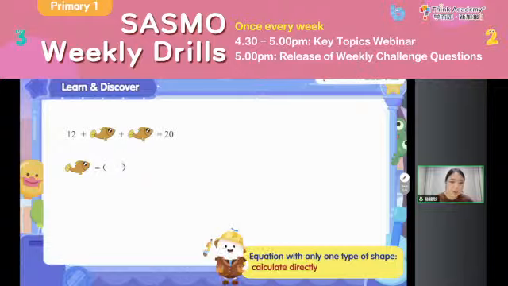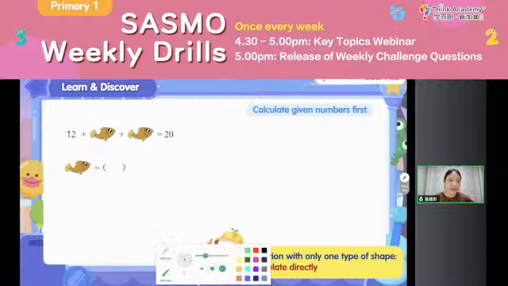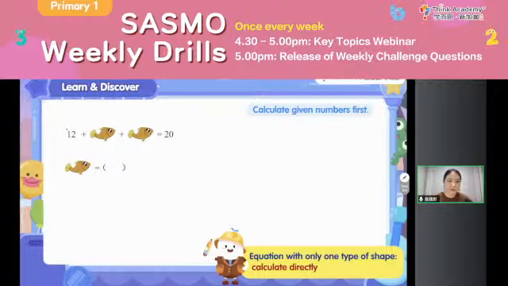What is the number represented by this fish? Before we start, we need to simplify the equation, because I really hate it looking like this. We can firstly cancel the same number and calculate the given numbers first.